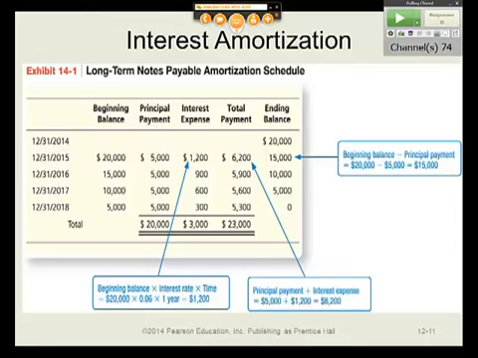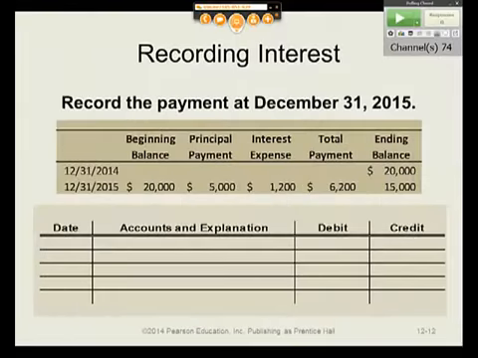So now we can use this table to make entries each year. So in the first year, let's go back. In the first year, we're going to have to pay out $6,200. $5,000 goes against the principal, and $1,200 is against the interest. So taking that portion of the amortization table, the interest expense would be $1,200, and the payment of the debt would be $5,000.